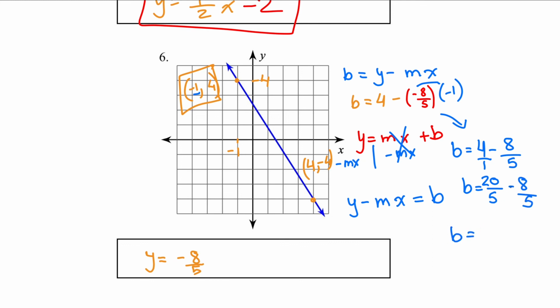And b is equal to, so you just subtract the numerators. 20 minus 8 is 12/5. And that's our b value. So our equation is going to be y is equal to -8/5 x plus 12/5. And that's our equation.